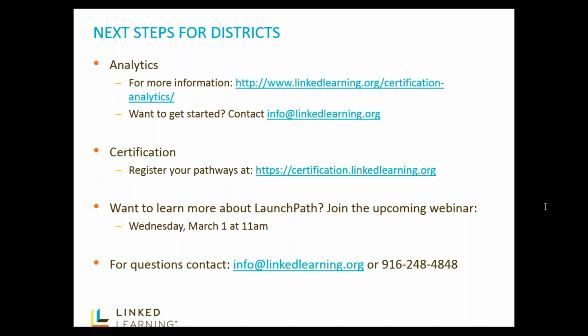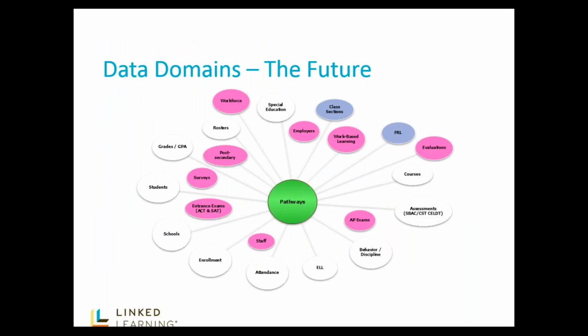So I see the first comment is, do the colors indicate anything on the most recent slide? So I think that's in reference to the data domain slide, where we have a number of different specific data points that are referenced, and some of them are in various different colors. I can kind of start. So some of the coloring just reflects what some of the newer and future added data domains are that we'll be building out.